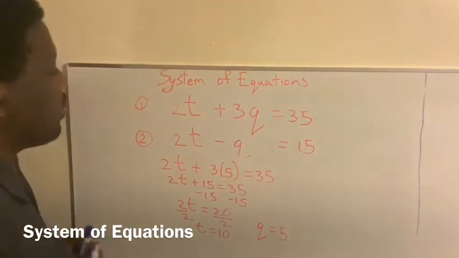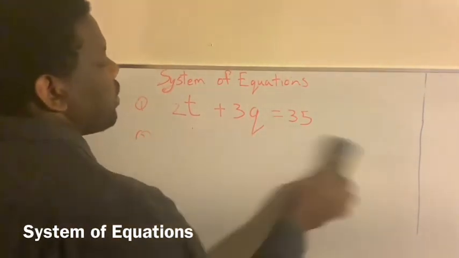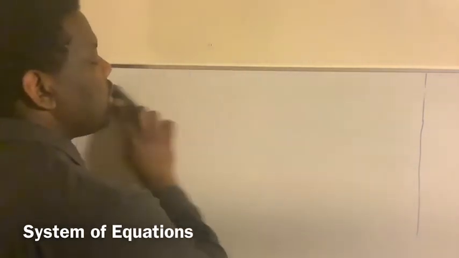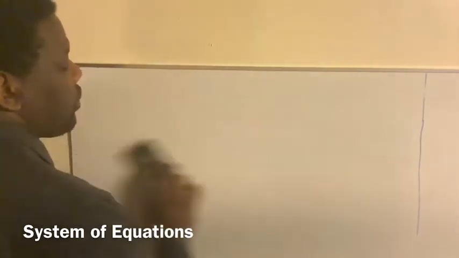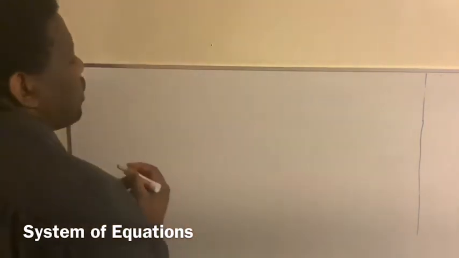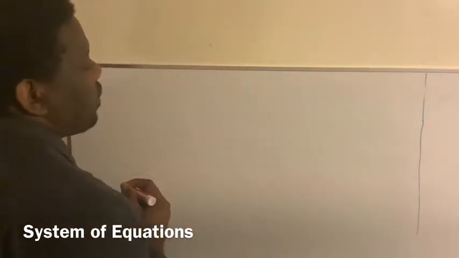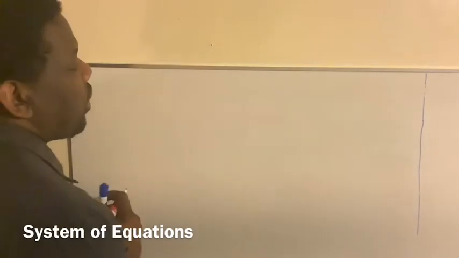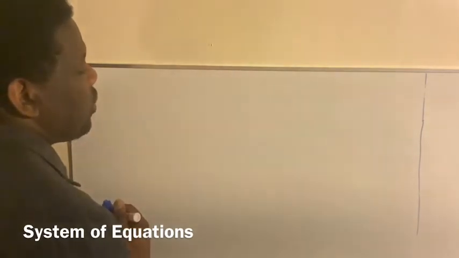Let's try type 2. Now in type 2, one equation can look similar to another equation if you multiply by a factor.